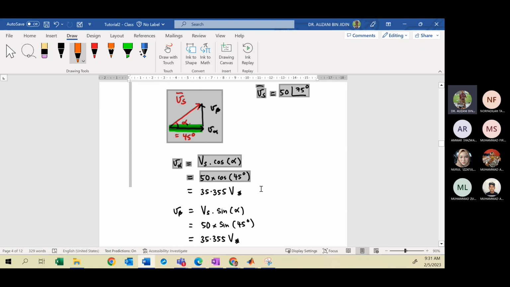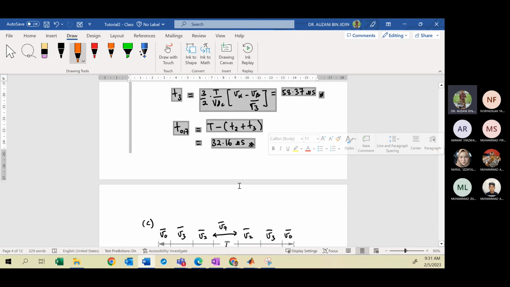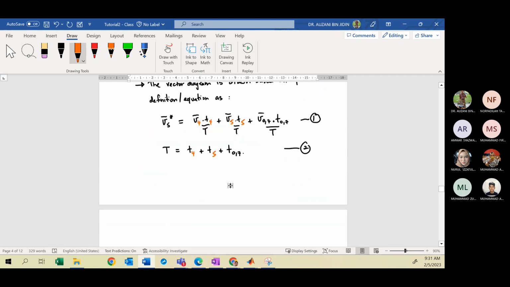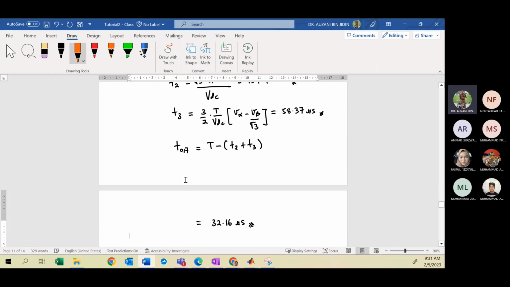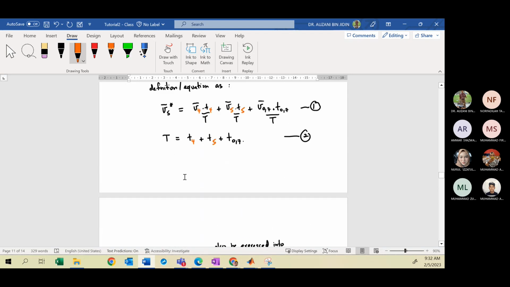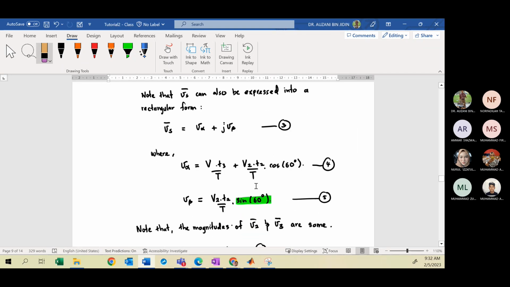Can I copy everything? Yes. Okay, for V alpha, change this number. Here, erase first.